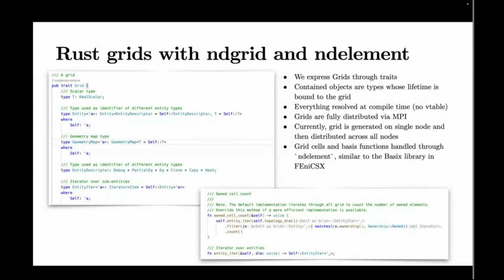So in this way, you can very nicely define what it actually means to be a grid in a very generic way. And the nice thing is, compared to, for example, traditional C++, you always have two options. You can do either runtime polymorphism or you can do static polymorphism.